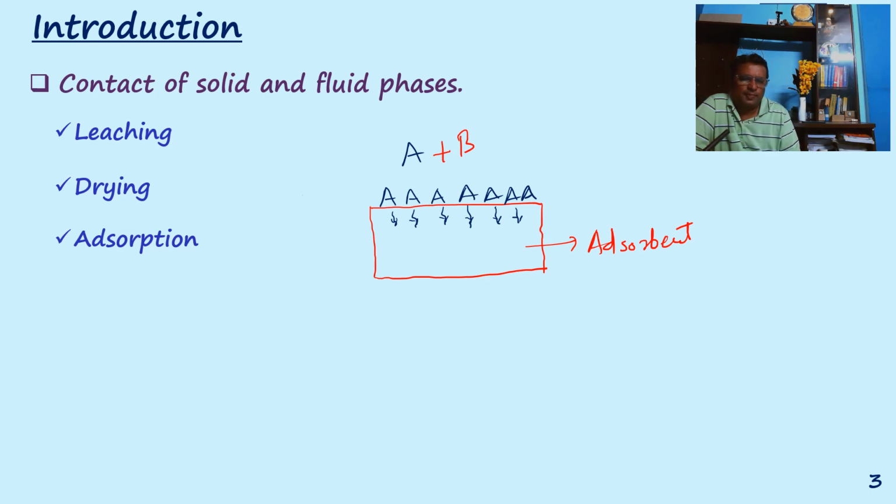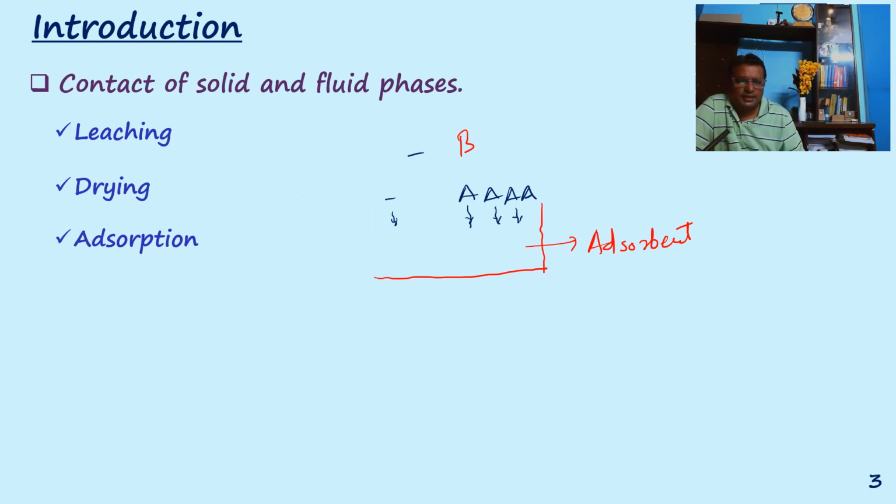So here also diffusion can occur through the solid phase. There is a possibility. So adsorption also involves contact of fluid and solid phases, and there is a possibility of some diffusion through the solid phase in that case also.